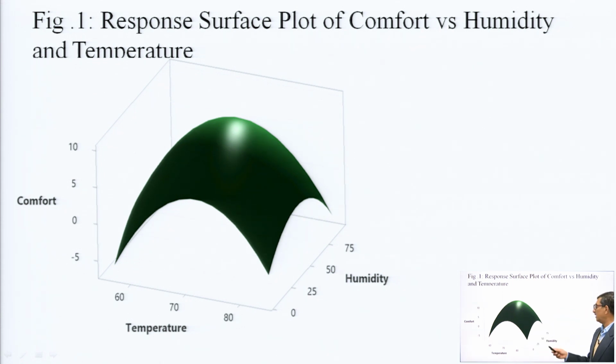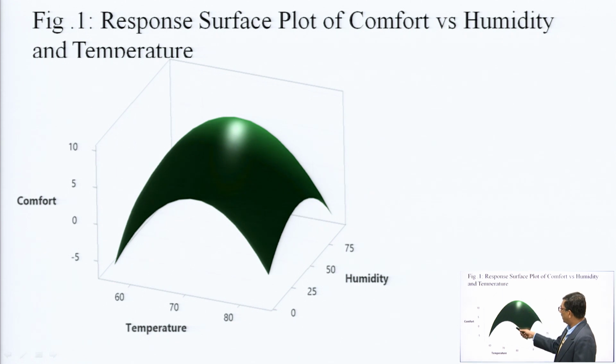Here, on the x axis the temperature is 60, 70, 80, and humidity is 0, 25, 50 and 75, and the comfort is on z, shown by this colored surface.